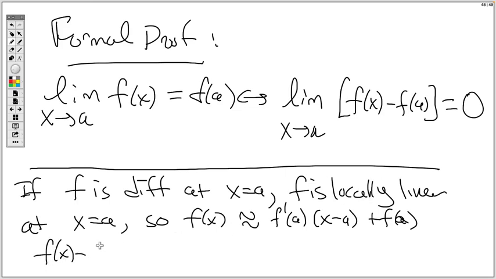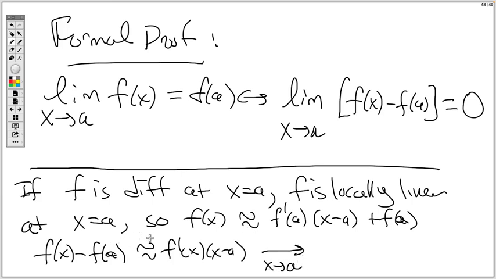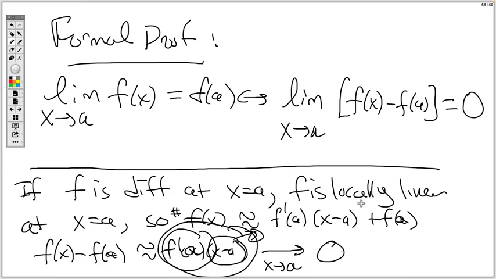And so f of x minus f of a is roughly f prime of a times x minus a. And so what happens as x goes to a? As x gets close to a, f prime of a is some number. This is going to where? 0, which means this is going to 0, which shows that the function is continuous. Make sense or not?